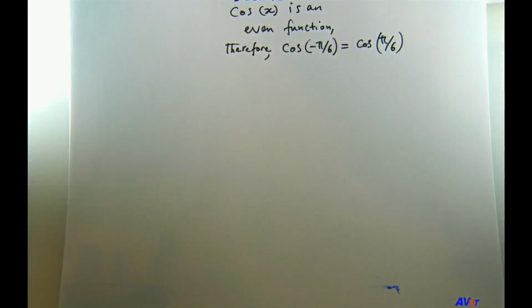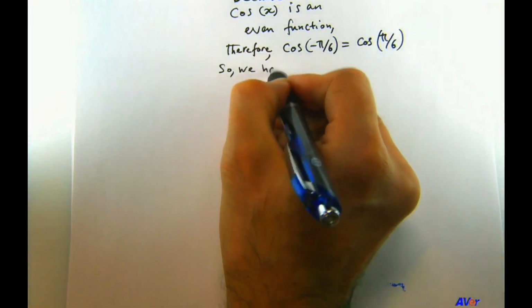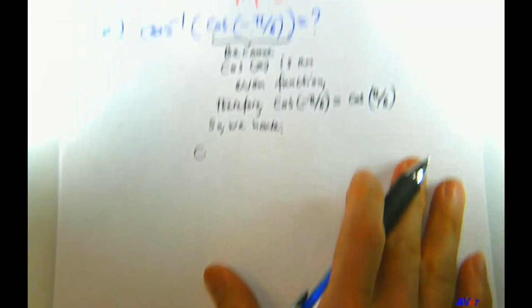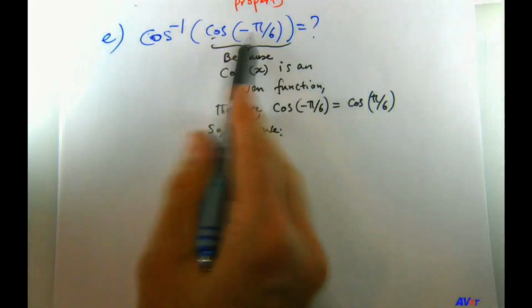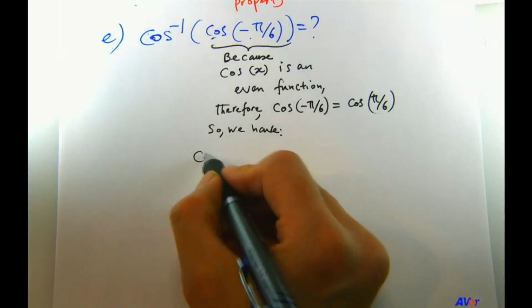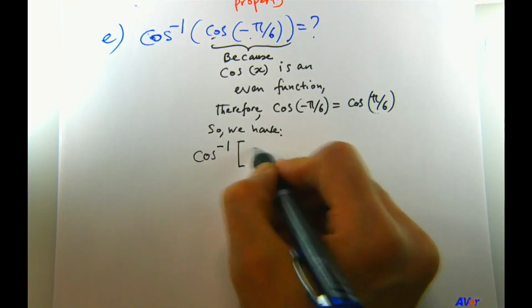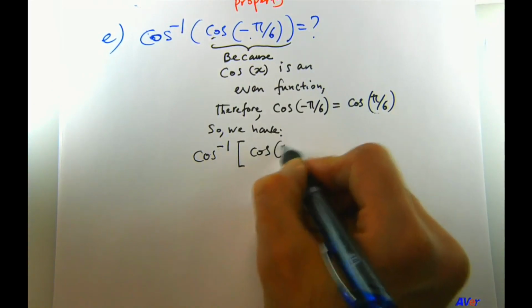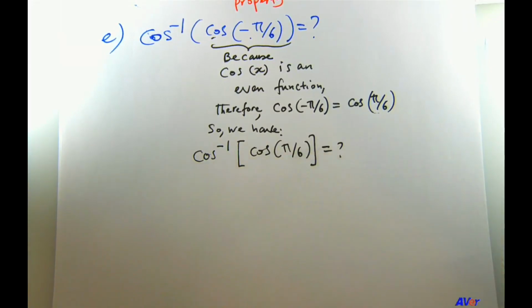So I'm going to rewrite this, but substitute this with cosine pi over 6. So cosine inverse of cosine of pi over 6, right? That's what we're looking for.